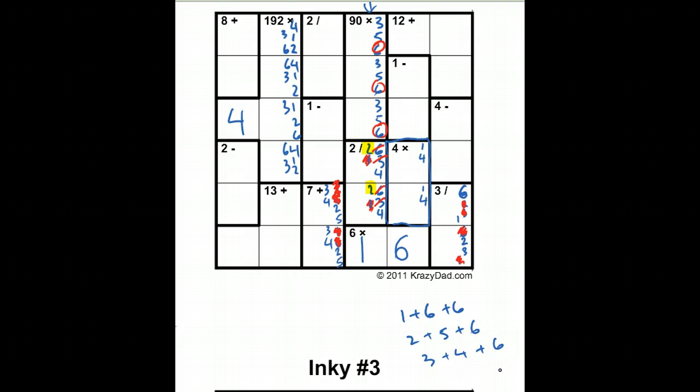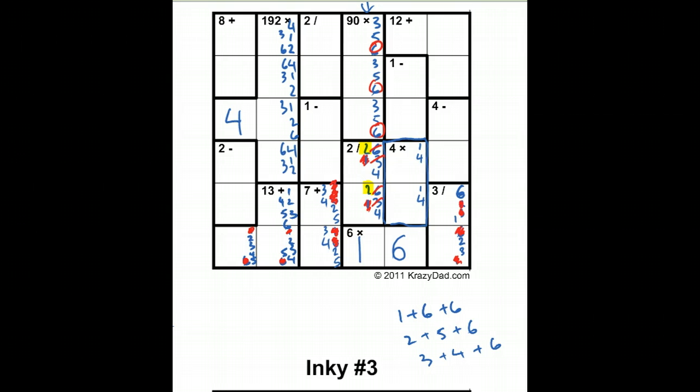So pretty much all the combinations work here, so I'm going to put all of them in: 1, 2, 3, 4, 5, 6 in each cell. Except I can take out the 1 and the 6 and the 1 and the 6.